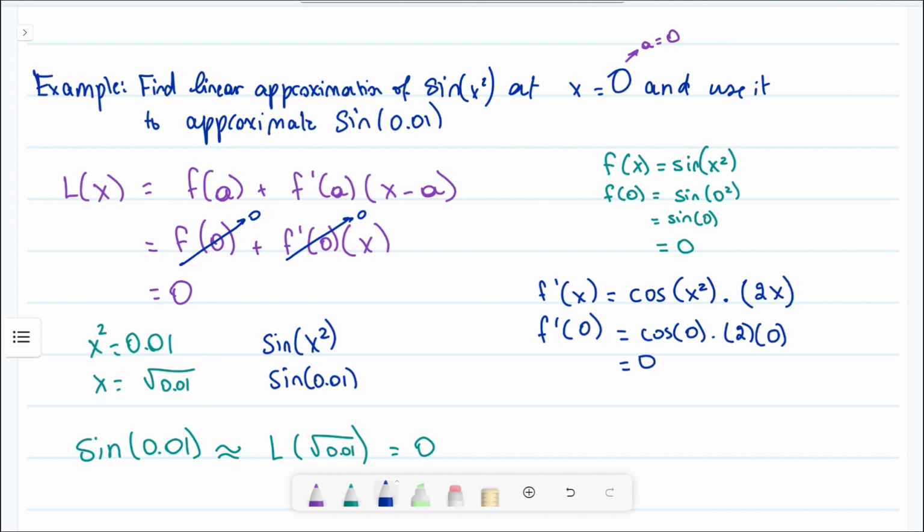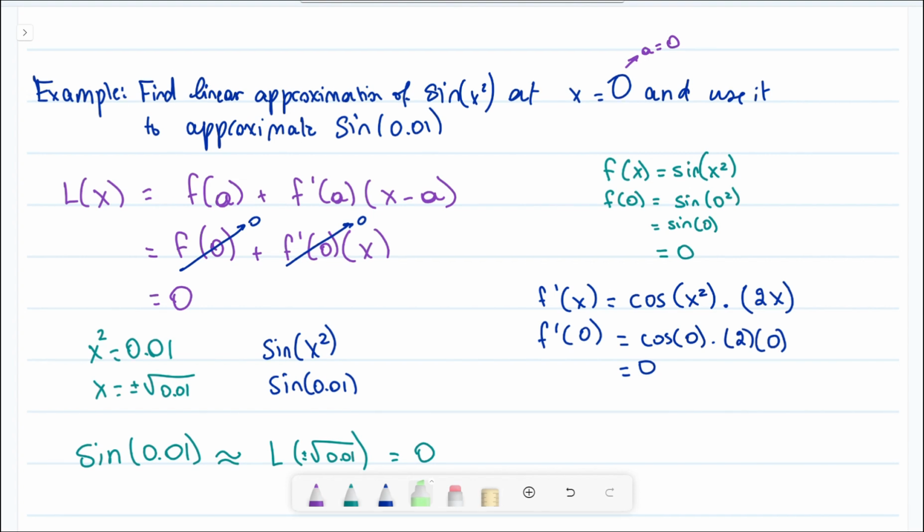This can be the positive or the negative square root, but in both cases it will not matter because L is 0. There is no x involved here, so no matter what I plug in L of anything, I will get 0. Therefore, the approximation of sine of 0.01 is 0.